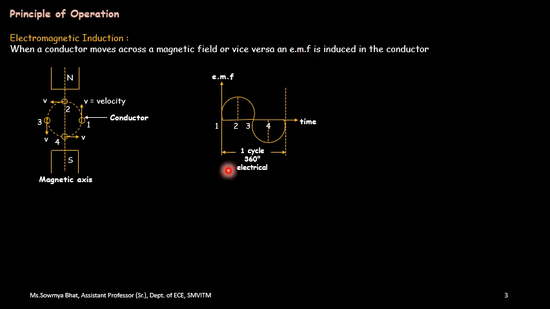So this is how you have the generation of EMF through the principle of electromagnetic induction. Hope you understood the brief introduction regarding an alternator or synchronous generator, why it is called an alternator or a synchronous generator, and what different types of alternators you can have, whether a rotating type of armature or a fixed type of armature.